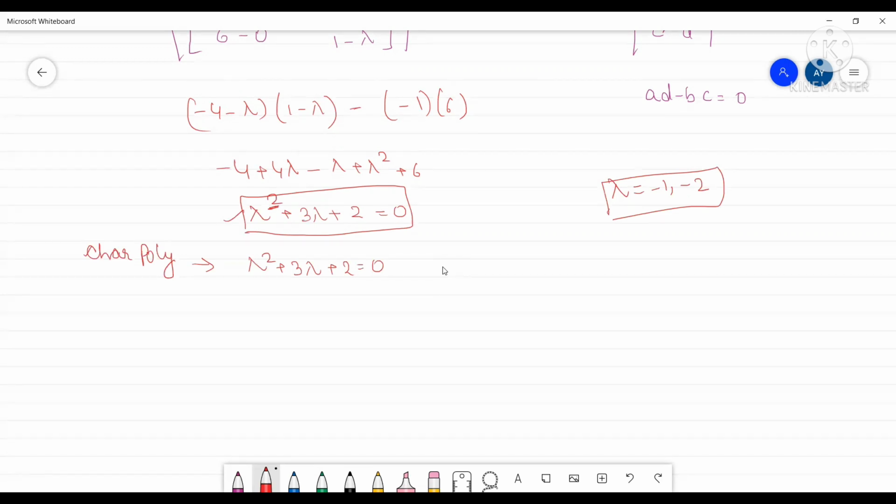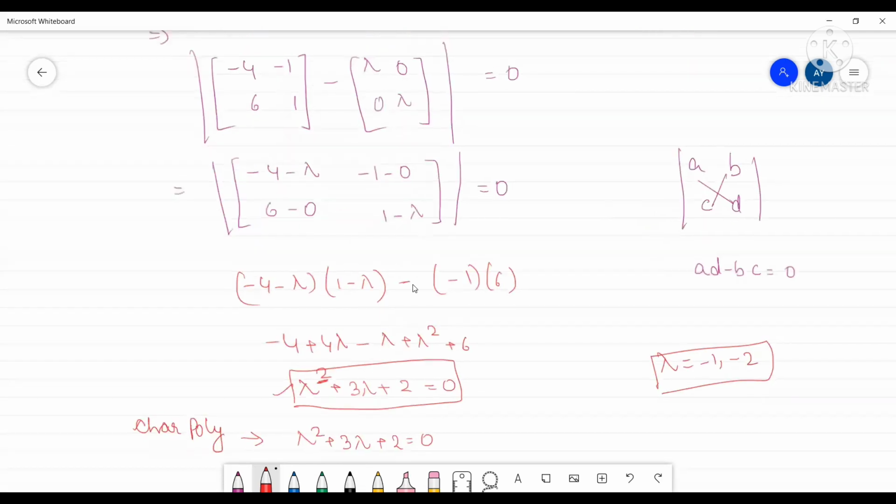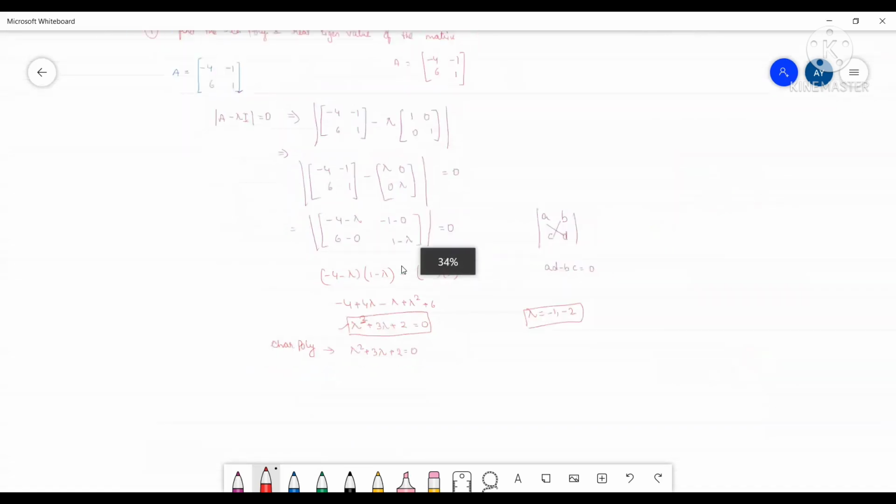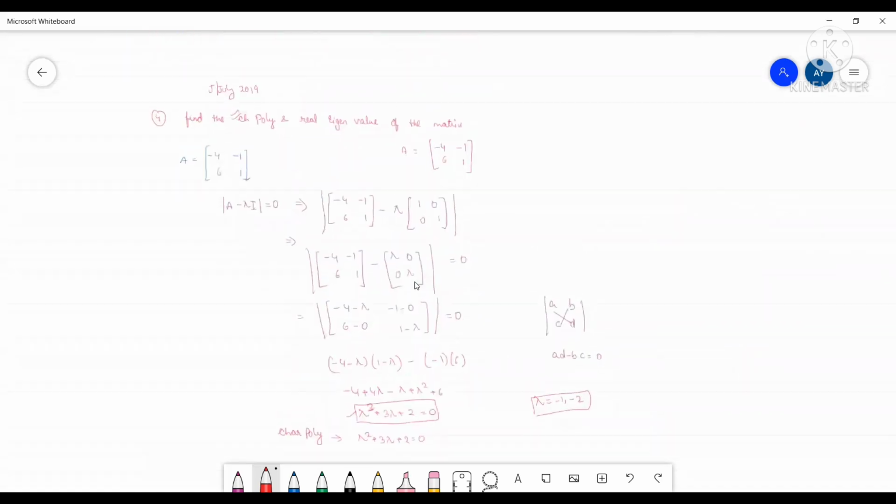Let's look into another problem. Now see here, what did they actually ask you in the question? They asked you just the eigenvalue. Now suppose they ask you for an eigenvector, you have to further calculate it.